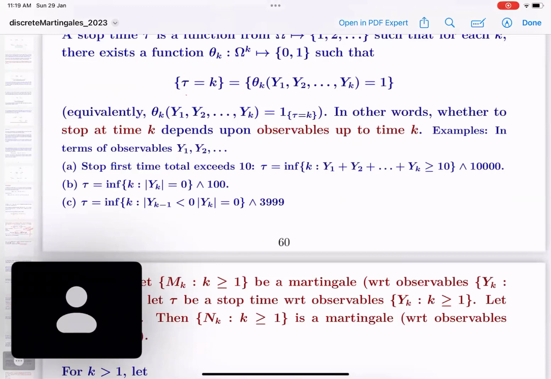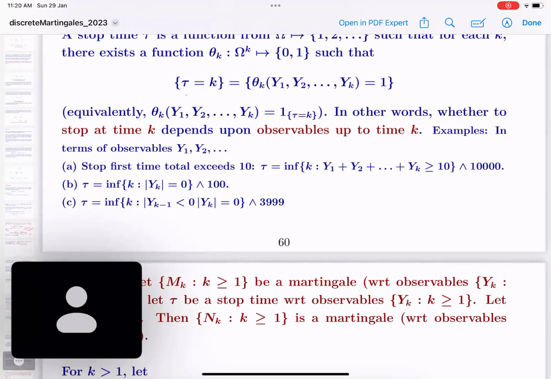So here are examples. Stop the first time the total exceeds 10, greater than or equal to 10. First case is that the sum is greater than or equal to k. First time that you hit 0. And we can always say that if you don't want an infinite sum, you can say stop as soon as this happens, or you hit the time 10,000. As soon as you hit 0, or you hit the time 100.